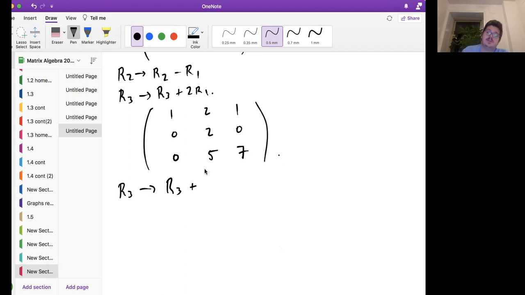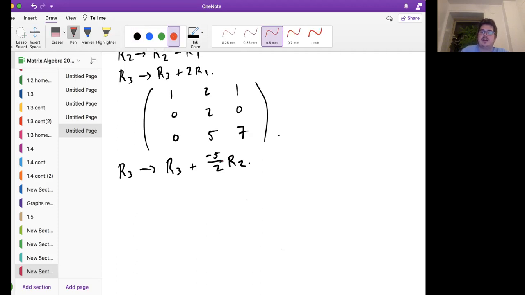Yeah, so it's going to be negative 2/5, or the other way around, 5/2. Right, because you want the 5 to survive, and you want to get rid of the 2. Yeah, that's fine. So we have 1, 2, 1, 0, 2, 0, and 0, 0, 7.